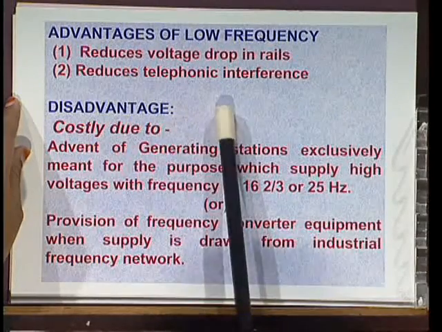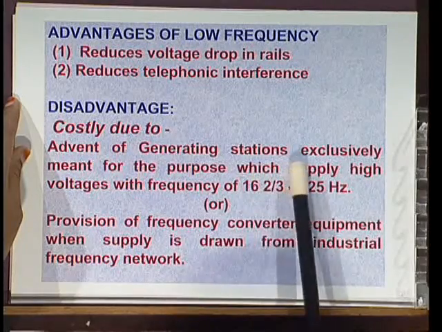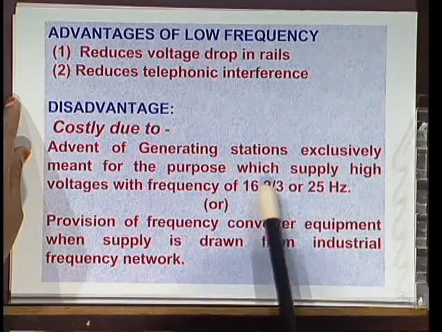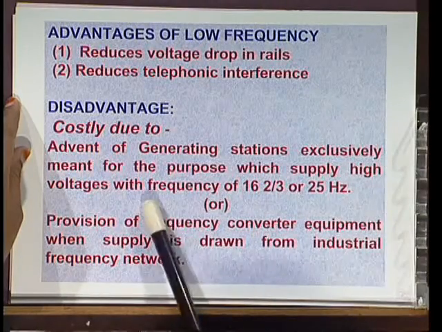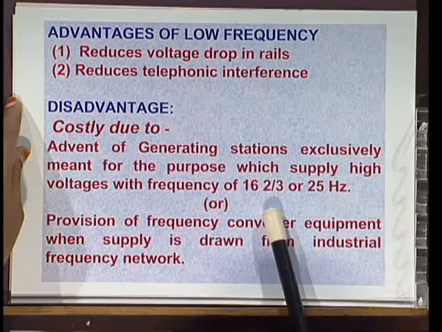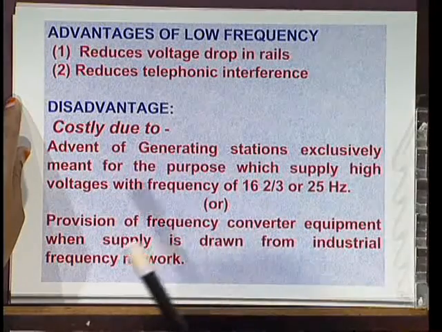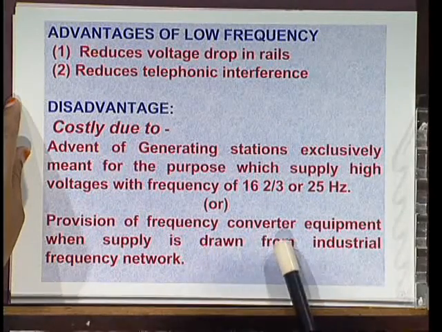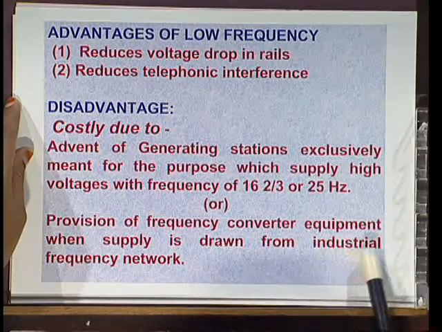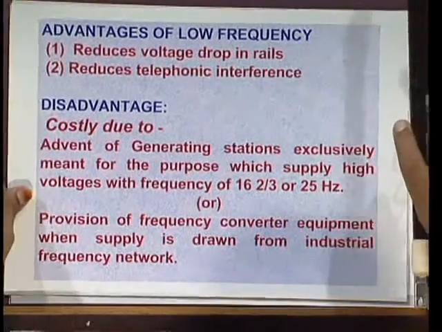Its disadvantage is that it is costly due to the need for generating stations exclusively meant for the purpose, which supply high voltages with a frequency of 16 2/3 or 25 Hertz, or the provision of frequency converter equipment when supply is drawn from the industrial frequency network.